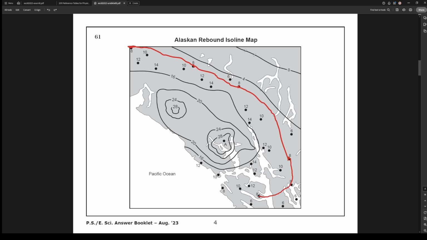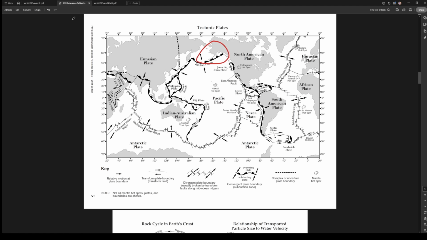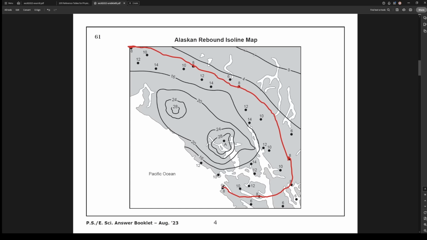It's really hard to draw on my computer. So it says here, this is where I kind of get weird about this. Oh, extend to the edge of the map or the edge of the land area. So you can stop there because it's only in the land, or you can technically go like this. But I think that looks cleaner, so we'll stick with that.